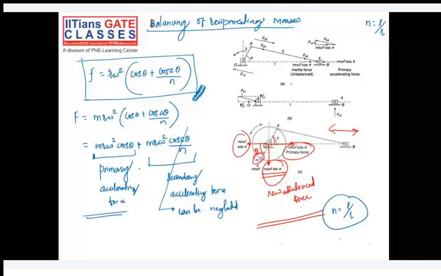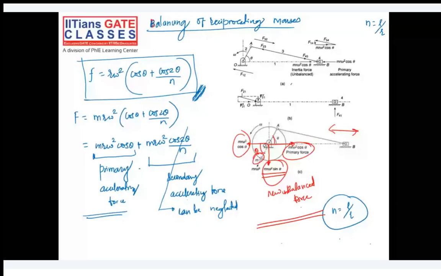And we have studied how we can do it. We have to put two different masses in order to make a counter couple to balance the resultant unbalanced couple. That is the part of the balancing of rotating masses.